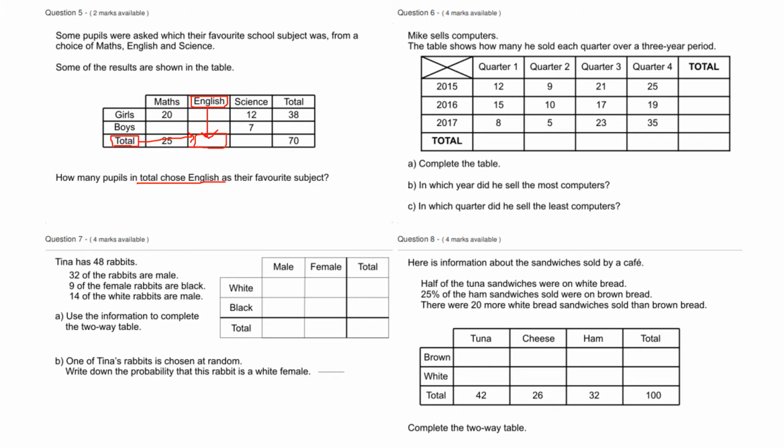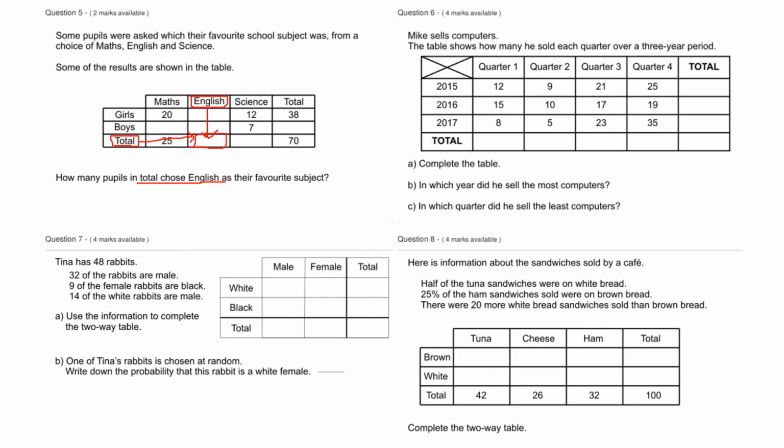In order to do this, you've got to look and try and work out some other bits of information first, okay? Because you can only work out a missing box if you've got all the other information needed for its row or column.